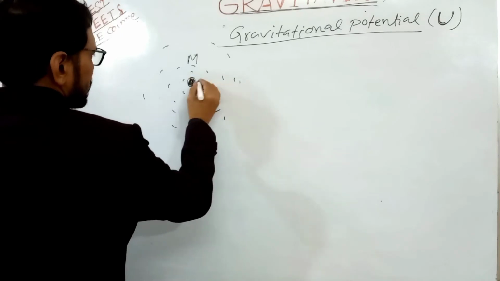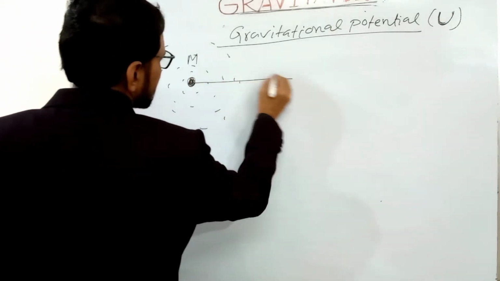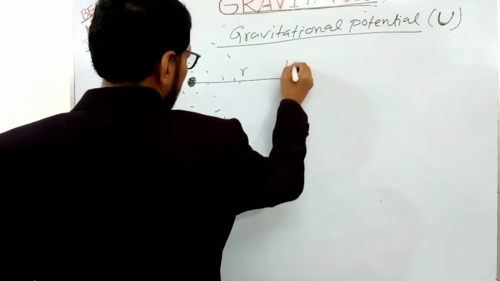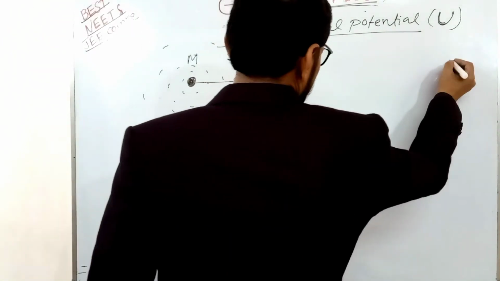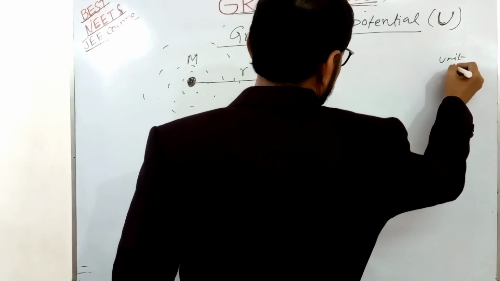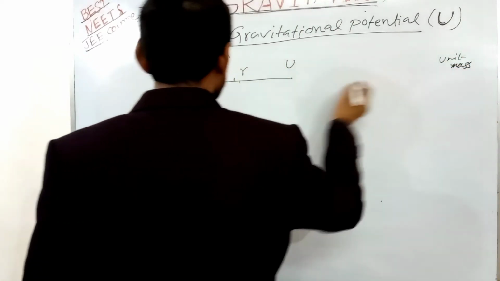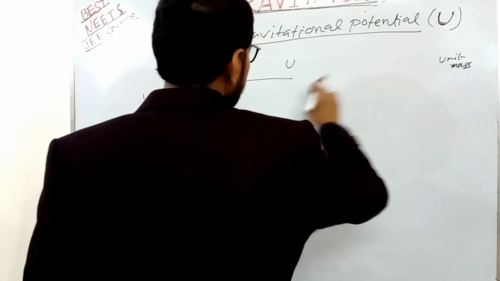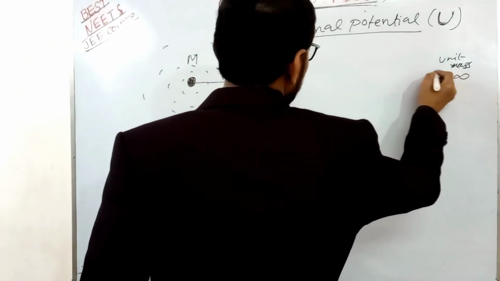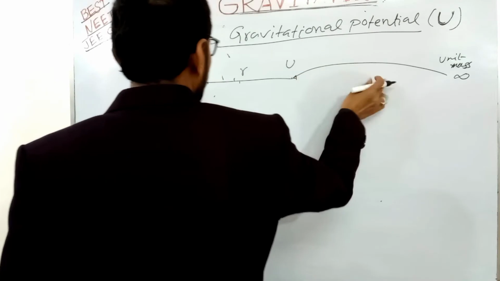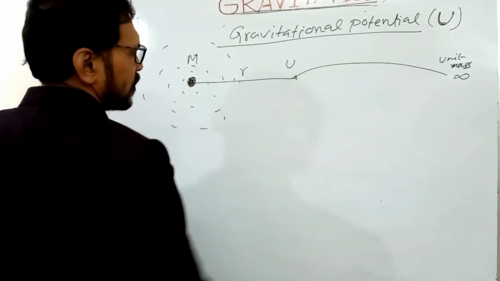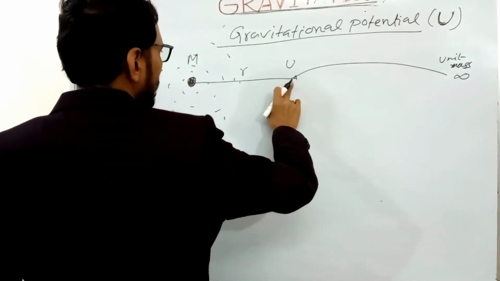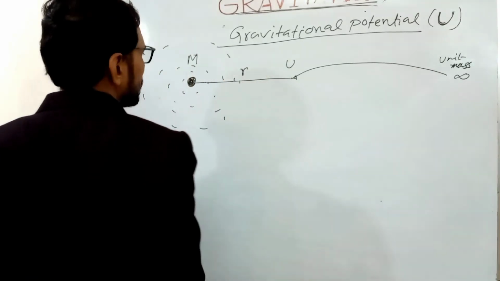So what is the gravitational potential at a distance r from this mass? Gravitational potential is defined as the work done by the gravitational field in bringing a unit mass from infinity to this point.